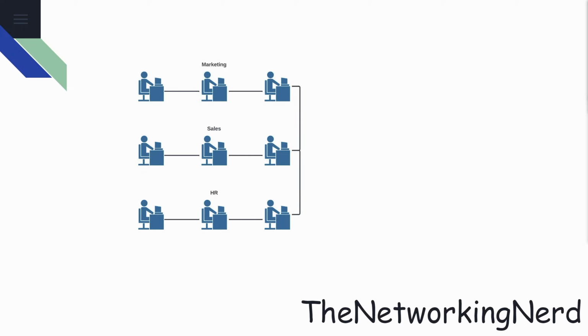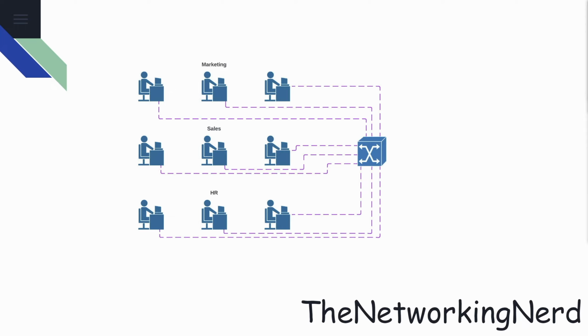If everybody's talking at the same time, it's difficult to understand what's being said. In order for you to have a productive discussion with somebody, everybody needs to take turns talking, and the same is true with the early computer networks. Unfortunately, taking turns isn't really a scalable solution. What if there's 50 or 100 people in the room? You're probably not going to get a chance to talk at all.